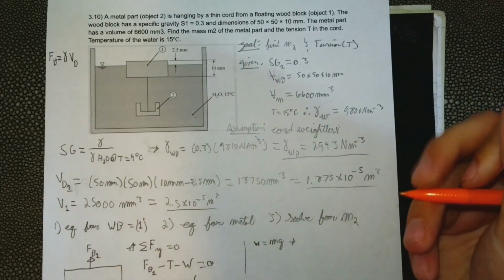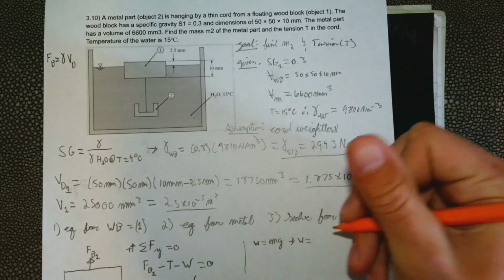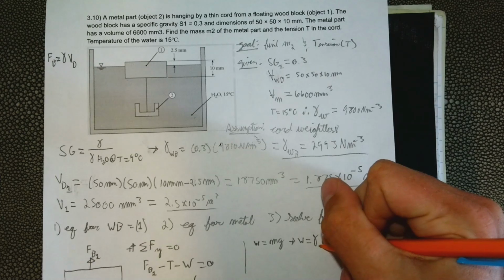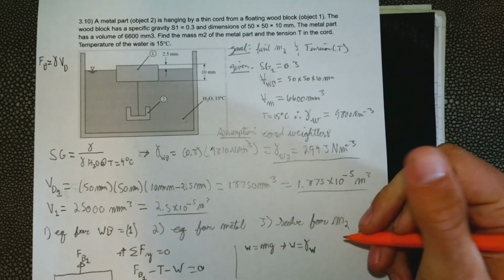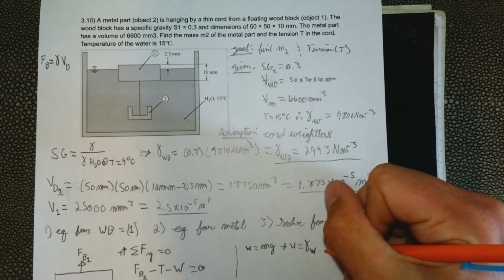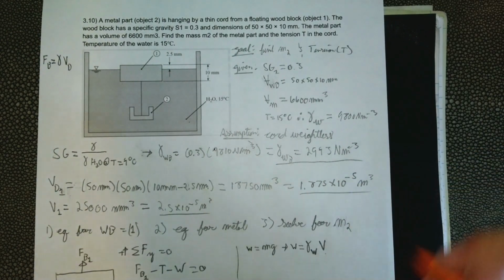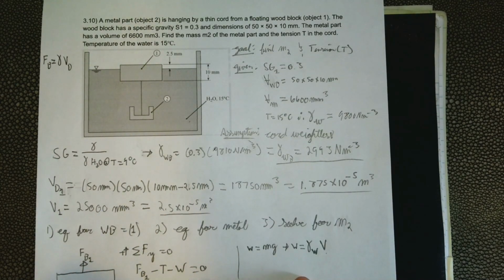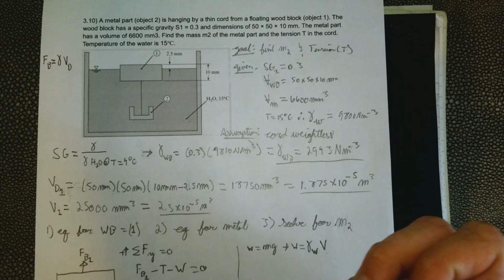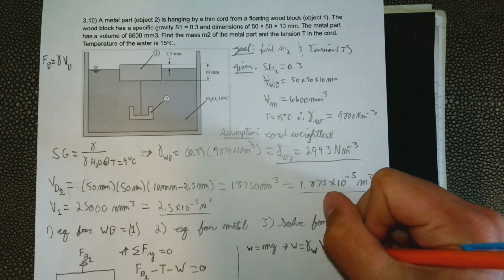Let's make this a little bit easier and rewrite this as weight equaling the specific weight, in this case of water, times the volume of the entire wood block. So put 1 right there.